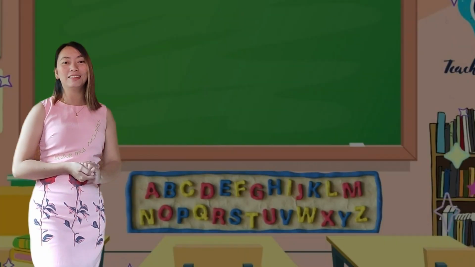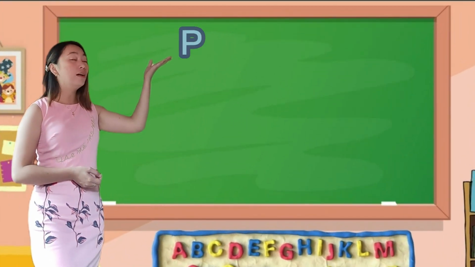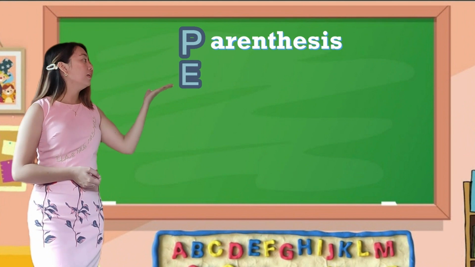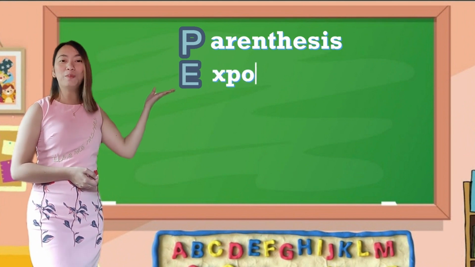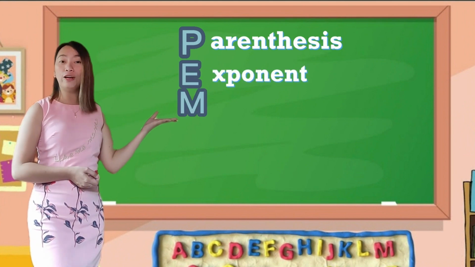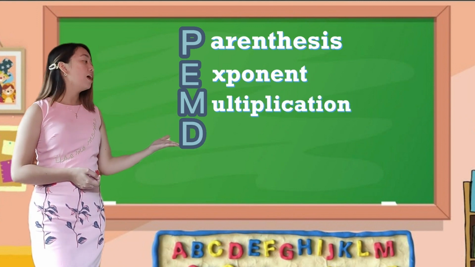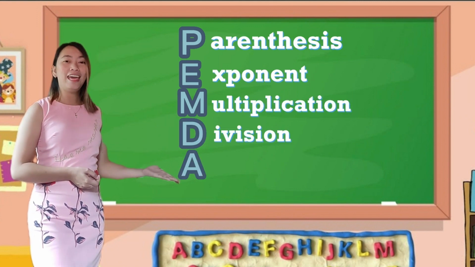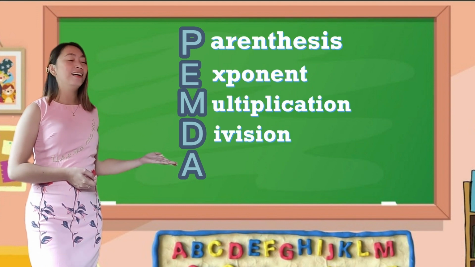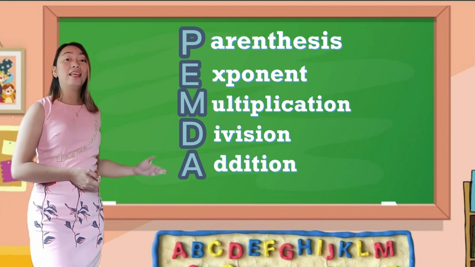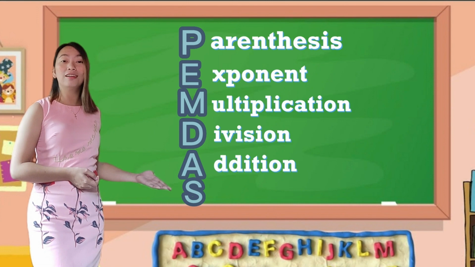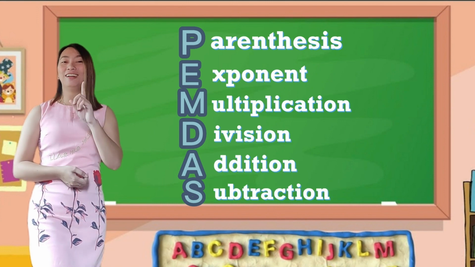P for parenthesis, E for exponent, M for multiplication, D for division, A for addition, and S for subtraction. Correct! I think we are now ready for a new lesson. So, let's go!